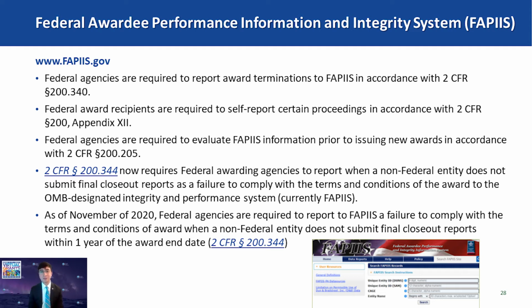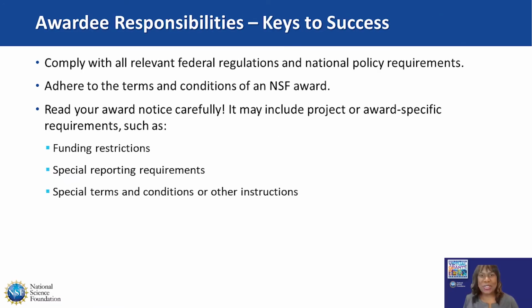Next, Kandis will wrap us up with some keys to success. Thank you, Michael. So, what are some ways that you can be successful? First, comply with all relevant federal regulations and national policy requirements. Next, adhere to the terms and conditions of an NSF award. Read your award notice carefully.